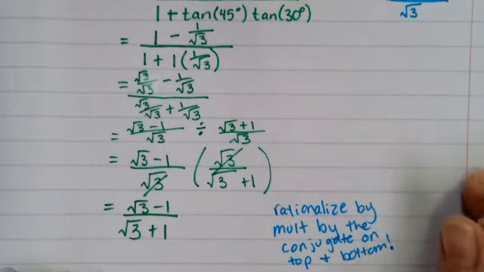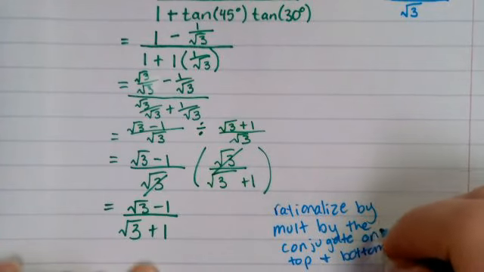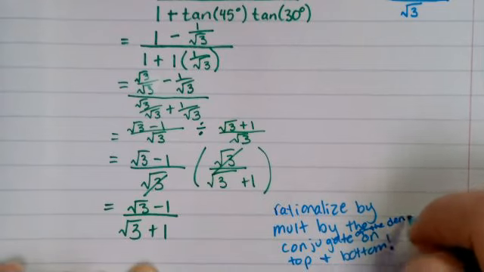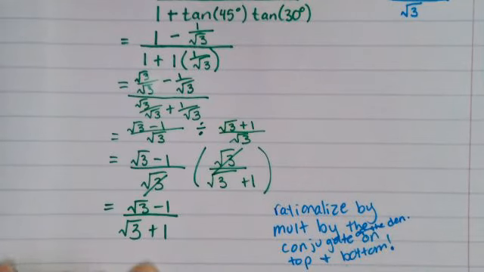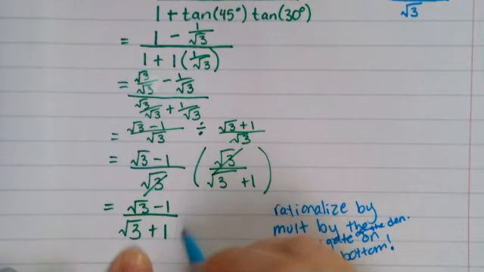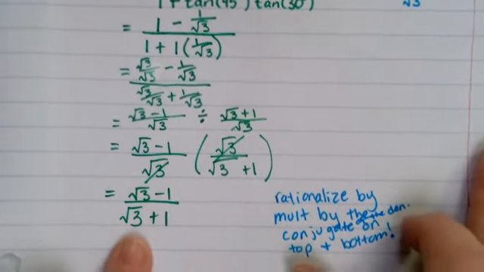Conjugate, remember, is this, and it's the conjugate of the denominator. I should have added that part. It's a conjugate of the denominator. So the conjugate of the denominator is just the square root 3 minus 1 instead. You use a different symbol.